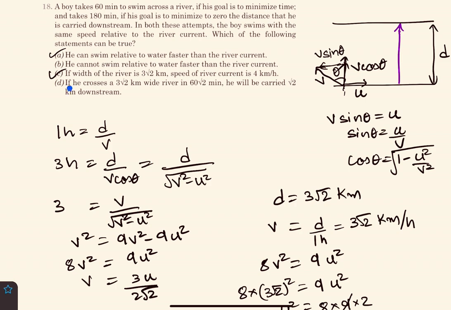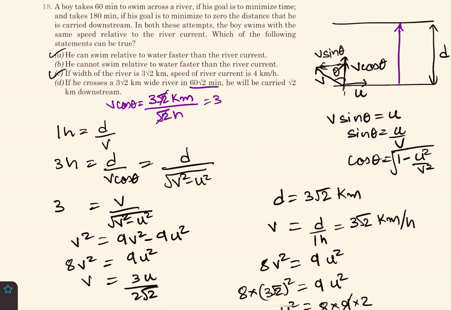It is saying that if he crosses a 3 root 2 kilometer wide river in 60 root 2 minutes, he'll be carried root 2 kilometer downstream. Now, here the distance, that is the width of the river, is given as 3 root 2 kilometer, and the time taken to cross is root 2 hours. 60 root 2 minutes means root 2 hours. So that means we know v cos theta. V cos theta we know to be this much, that is 3 kilometer per hour.